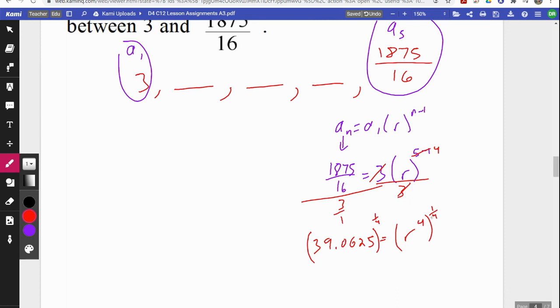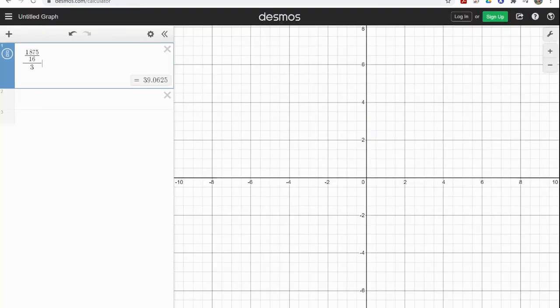So I chose 1/4 specifically because I know it would multiply with 4 to turn into a 1. So this is r to the 1st now, or just r, and we just have to raise our answer, 39.0625, to the 1/4 power. And I get 2.5.